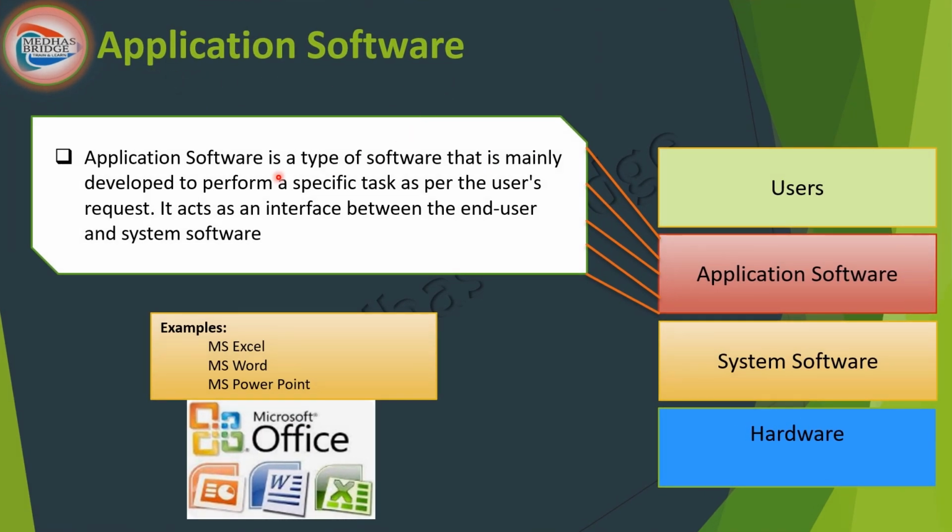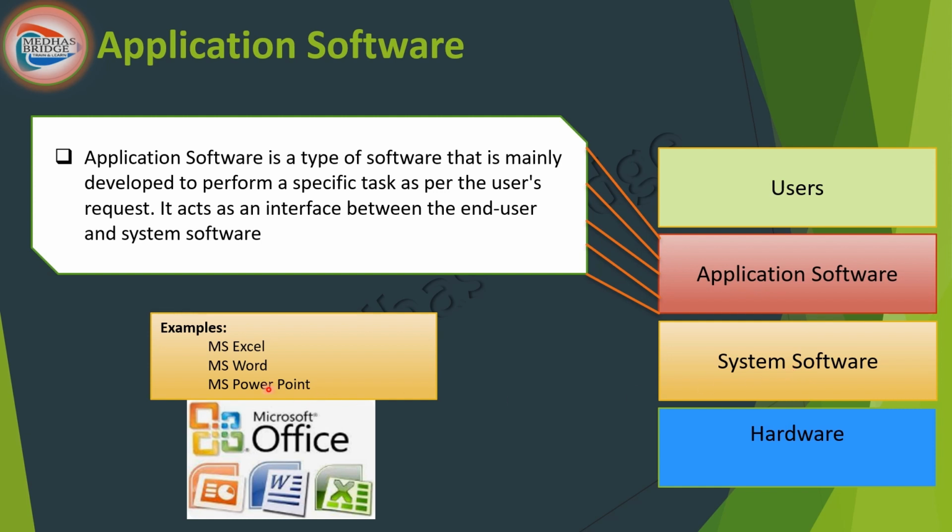Application software. Application software is a type of software mainly developed to perform a specific task as per the user request. It acts as an interface between the end user and the system software.